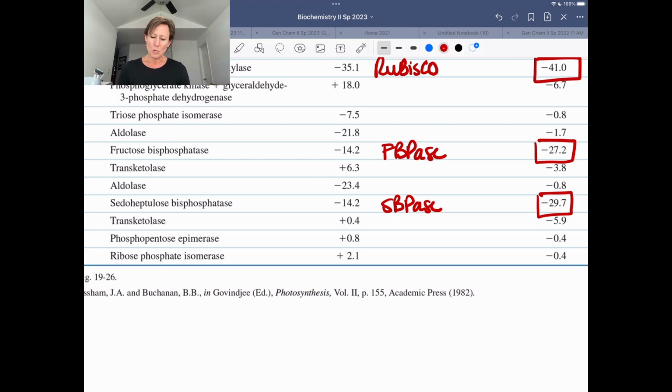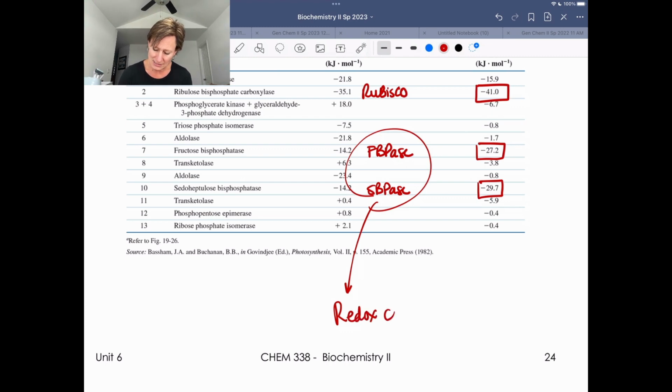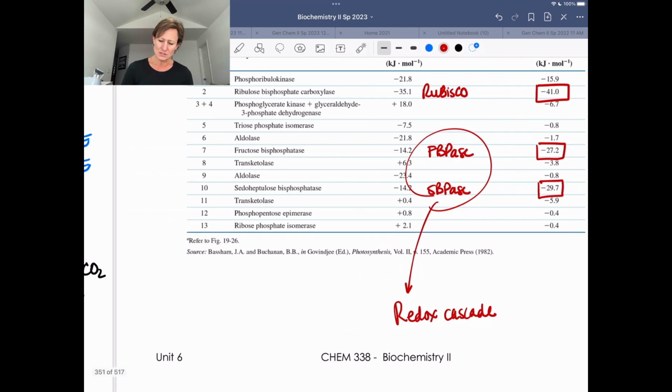So I want to take a minute here and highlight how we control these different enzymes. So we're going to get to these guys in a minute. These are controlled via redox cascades. Okay, so we're going to talk about what a redox cascade is, and we'll see how that is used to control activity of these 2 enzymes.